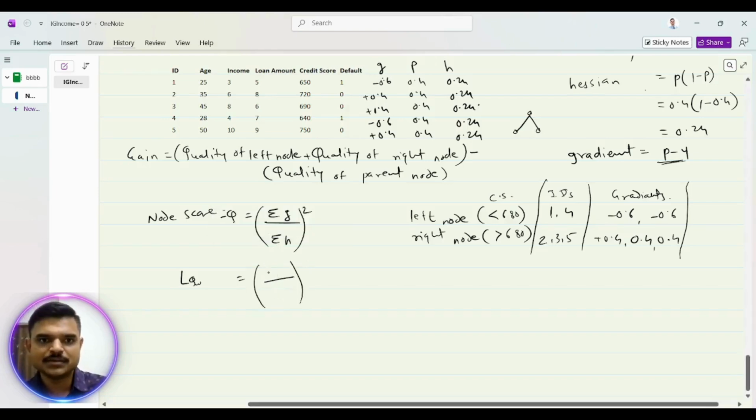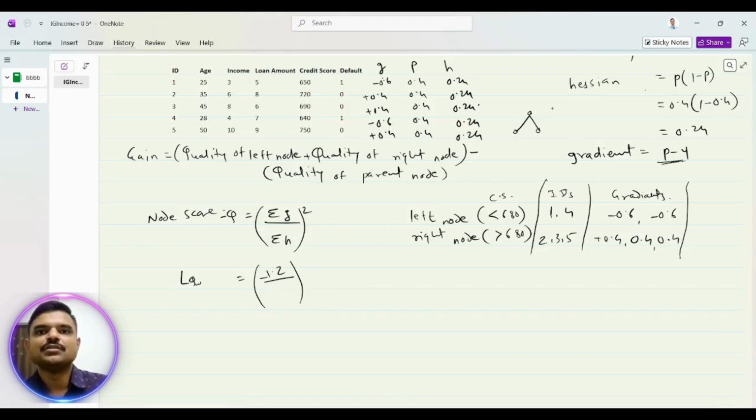For left it is minus 1.2, and the Hessian is 0.48, because 0.24 plus 0.24 for those particular IDs. So minus 1.2 whole square, which is equal to 1.44, divided by 0.48. And 48 square means 2304, yes, from Vedic maths.